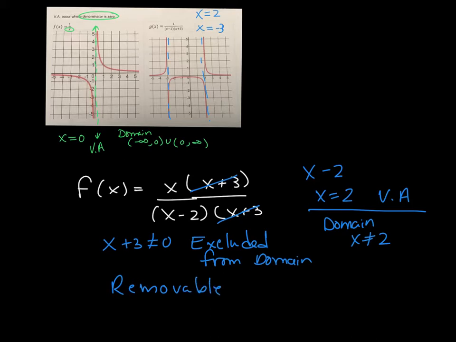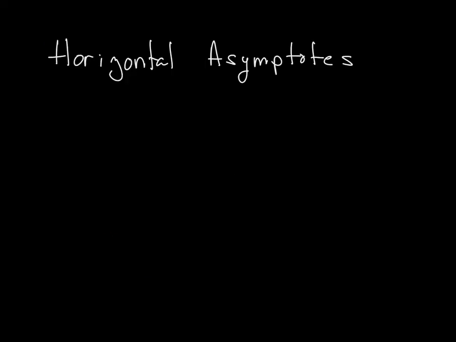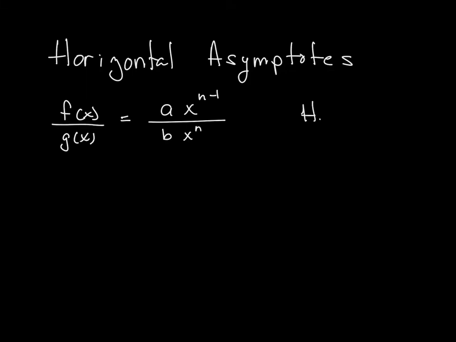And this is what we call a removable discontinuity. Now, before we graph this function, we have to talk about what a horizontal asymptote is. A horizontal asymptote happens when you have, again, a rational function, f over g. Whenever the degree of the numerator is less than the degree of the denominator, the horizontal asymptote will give you the line y is equal to 0.